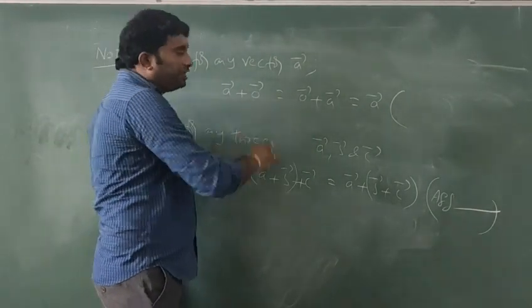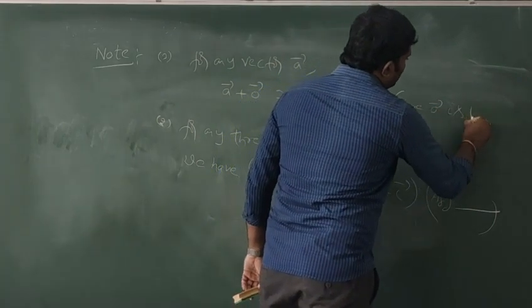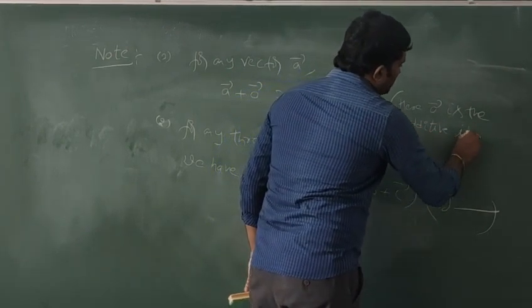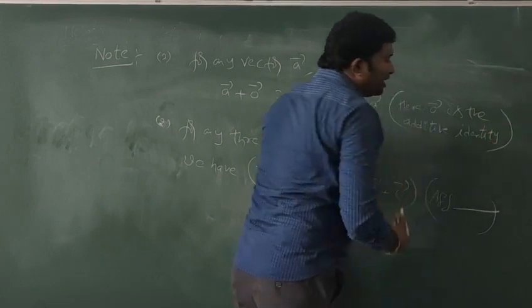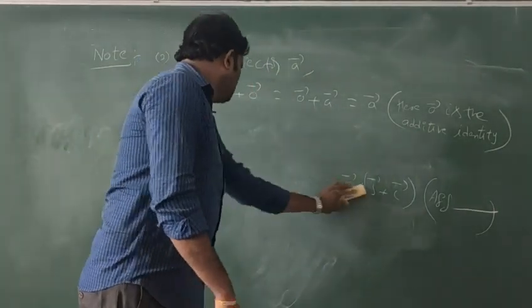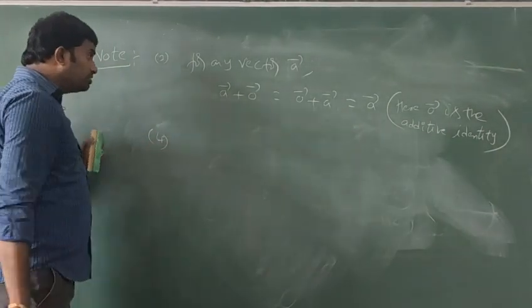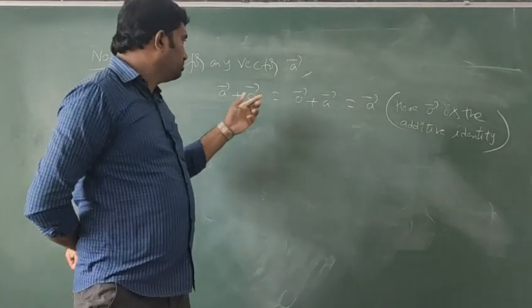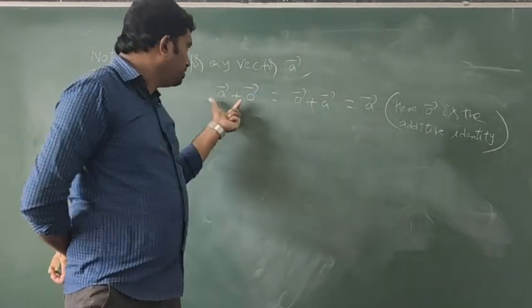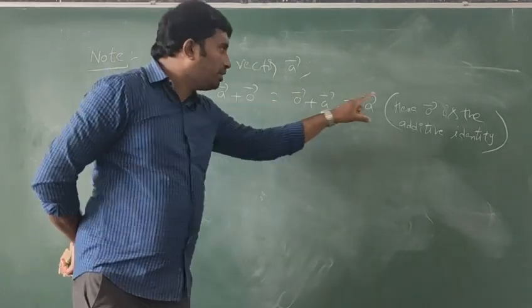O bar is the additive identity. That is the third note. Next, number 4. For any vector A bar, instead of A bar we can write B bar or C bar. Vectors satisfy commutative, so A bar plus O bar is equal to O bar plus A bar is equal to A bar. O bar here is the additive identity.